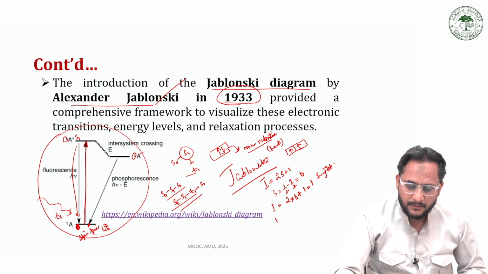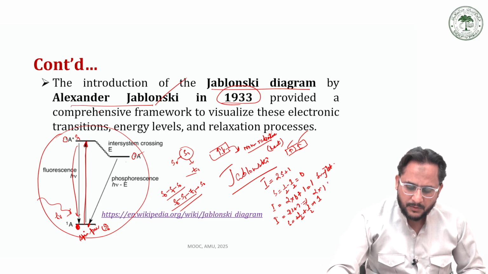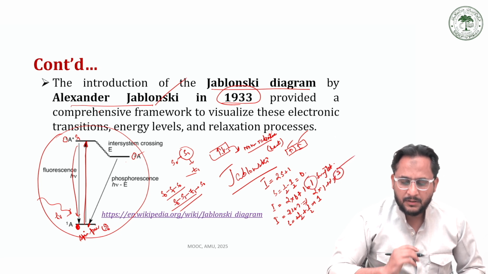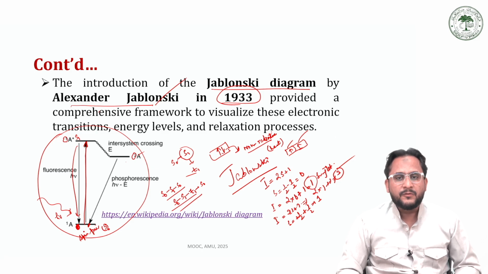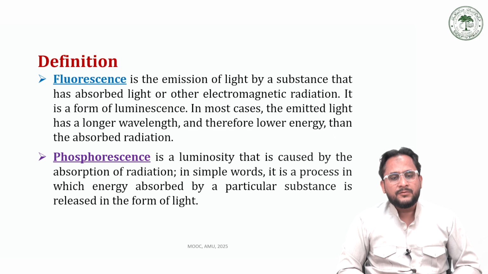In the case of the triplet state we have unpaired or parallel spins, so s is 1/2 plus 1/2, both having plus sign, so it comes out to be 1. If we put this value, 2 into 1 plus 1, it gives 3, so that is why it is called a triplet state, while the other is called a singlet state.